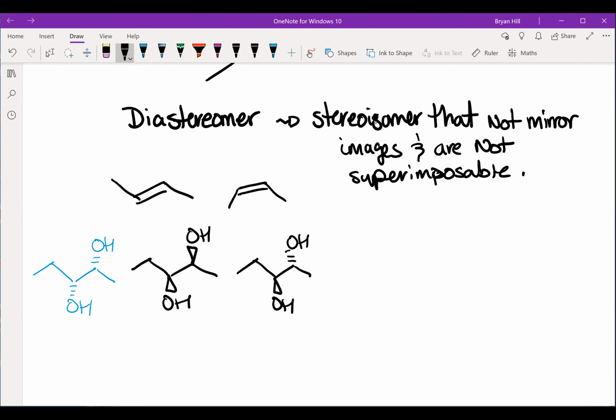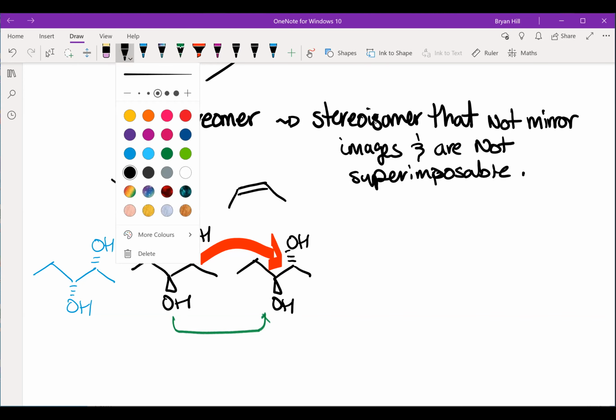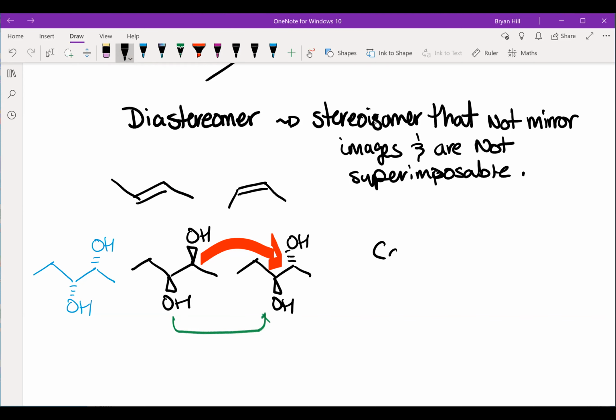Let's put an extra carbon there. So the enantiomer has both chiral centers reversed, but for a diastereomer, one chiral center would be the same and one would be opposite. So a diastereomer has one chiral center the same, one opposite, or more. That means they're non-mirror images and not superimposable. Proton NMR can distinguish between diastereomers.